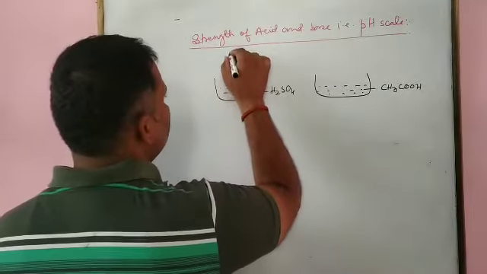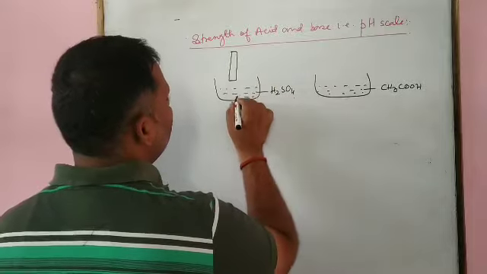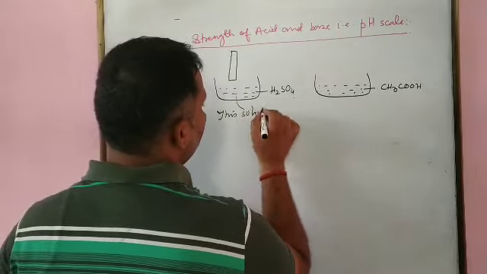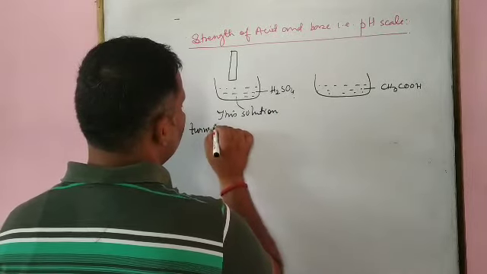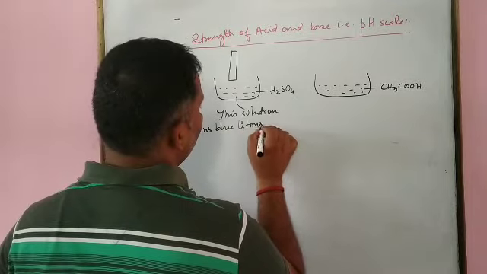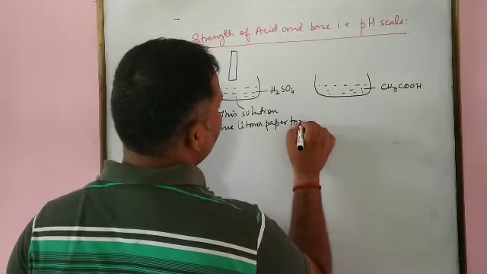When we place a blue litmus paper into it, this solution turns it to red.